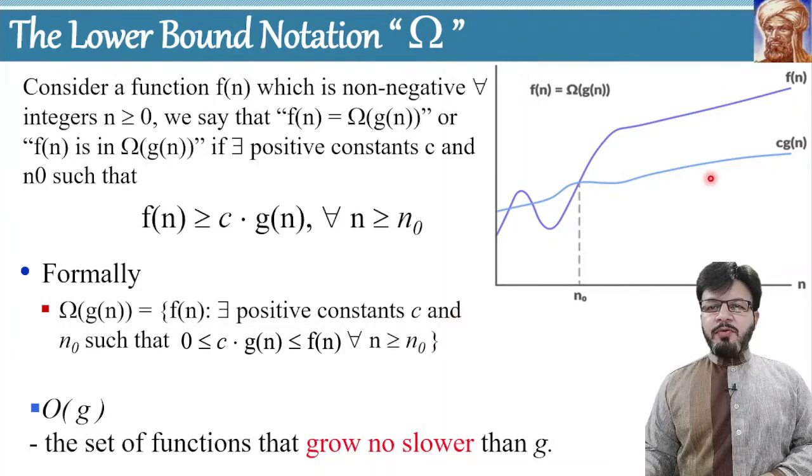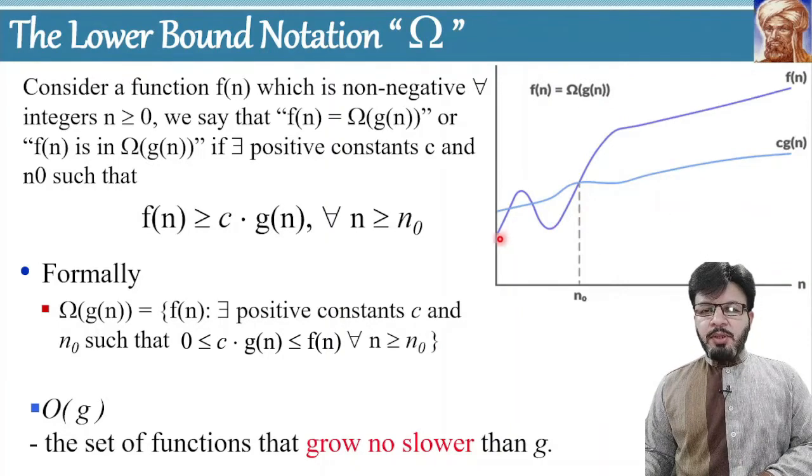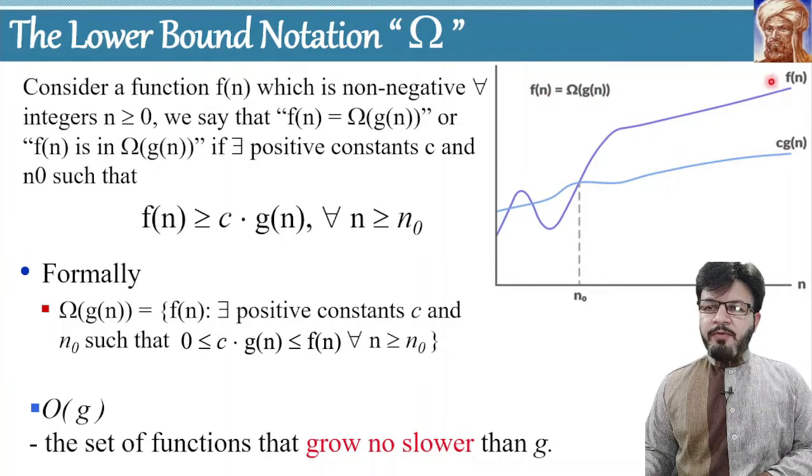As you can see over here in the graph, whatever the initial values of these two functions, after some time there is a point n naught after which the function f of n always beats the function c g of n. In this case we can say f of n is equal to omega of g of n. The growth rate of f of n is greater than or equal to the growth rate of c g of n, as mentioned over here.